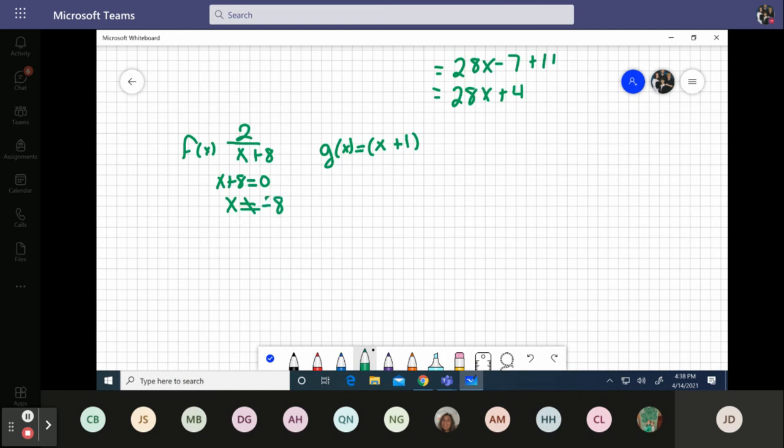Right? If x were a negative 8, then, and g of x is all real.